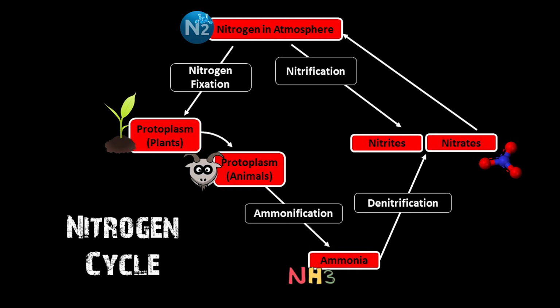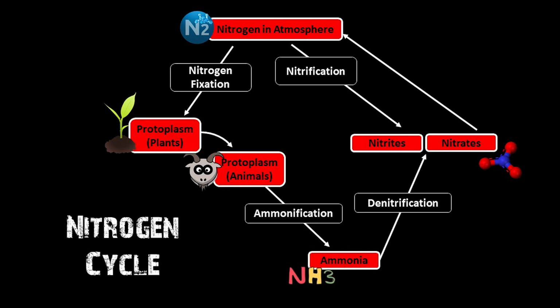In the further process, these protoplasm, that is nothing but plants, once they grow up, animals will eat them. So this nitrogen that was fixed by the bacteria is consumed by the plant and now consumed by the animals.